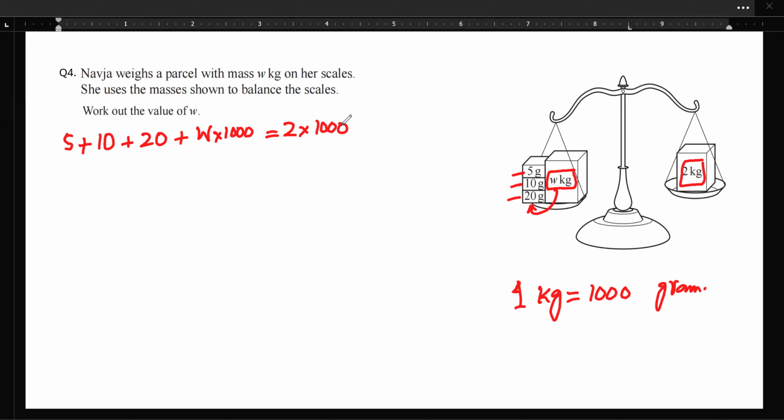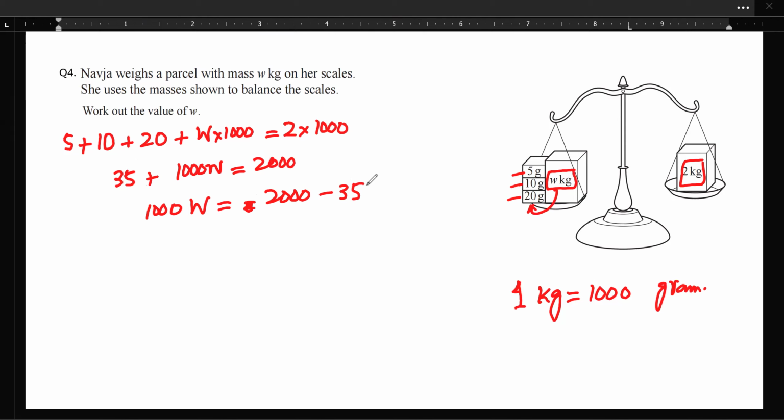Let's simplify this equation. 5 plus 10 plus 20 is 35. This is 35 grams, and this is 1000 W grams, and this is 2000 grams. I need W. Let's move 35 to my right. It becomes negative.